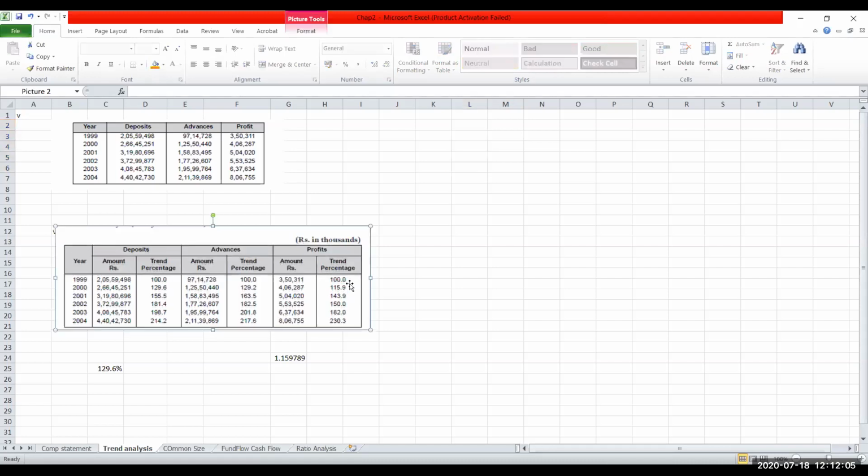From the first year to this year, I can say 43% increase, if I say 99 as a base. If I sit in 2004 and compare my profit to 1999, I can say it has gone up by 130%. So this 100, the 230 minus 100, so it has gone up by 130%.